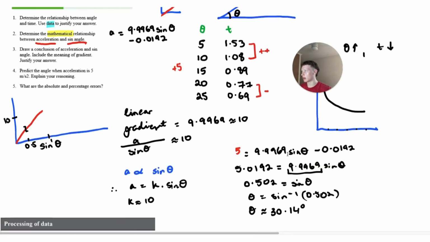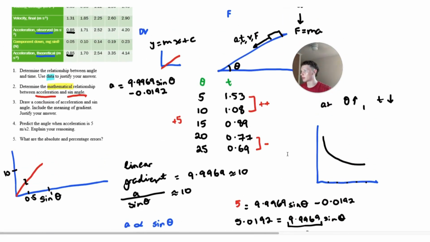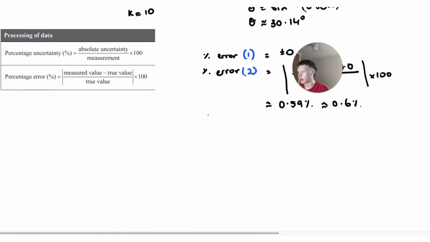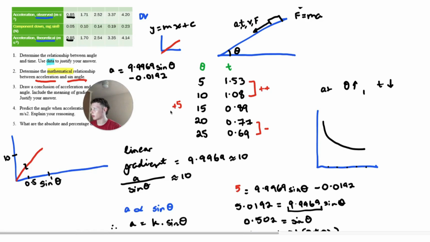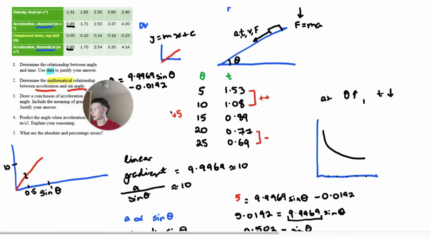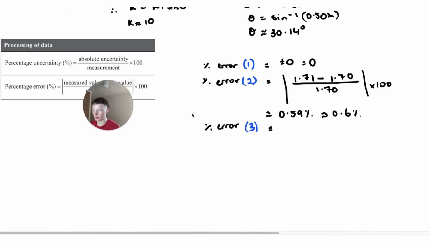All right, this one's going to be a little bit bigger, I think, with the 3. So here we've got 2.52, and then the theoretical is 2.54. So 2.52 minus 2.54, over 2.54.